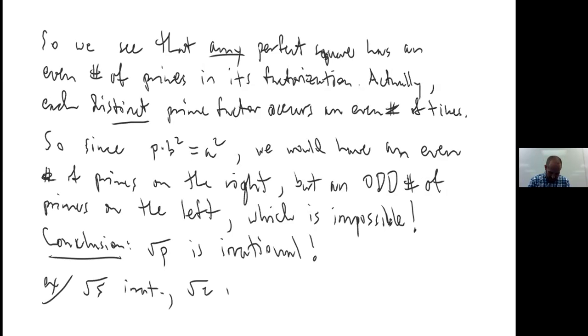Square root of 2 is irrational. The square root of 41, that's prime, right? Yeah, square root of 41 is irrational, etc.